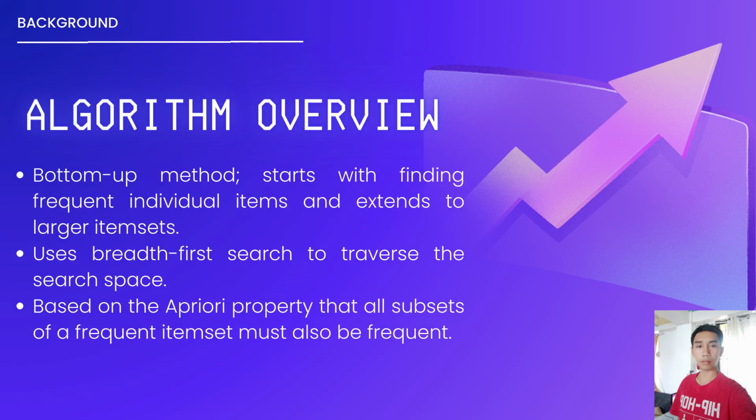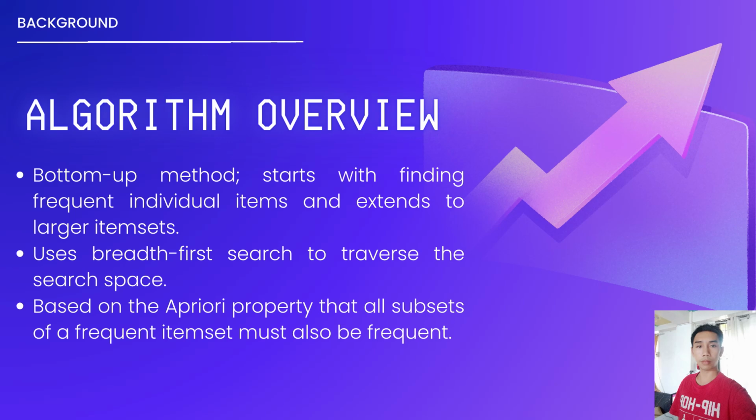The Apriori algorithm is a methodical approach to association rule mining, particularly in transactional databases. Its bottom-up strategy involves gradually building item sets of increasing size until no more frequent item sets can be found.